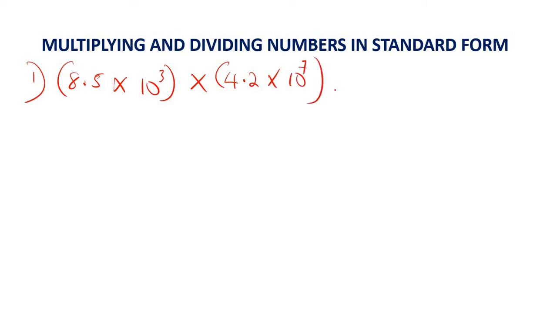Now the easiest way to get this done, I'll get the 10s together and then get the A's together. So that is to say I'm going to have 8.5 times 4.2, times, remember it's multiplication, 10 to the power 3 times 10 to the power 7.